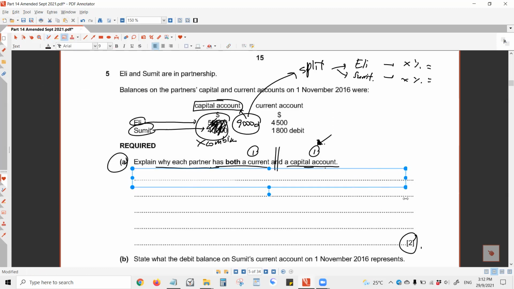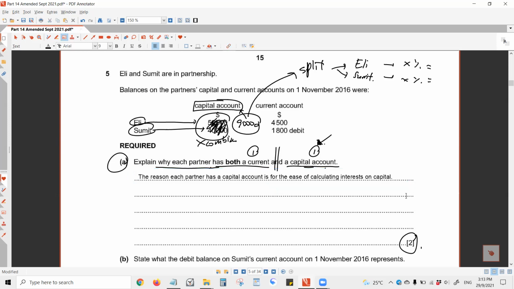So you write the reason is: the reason each partner has a capital account is for the ease of calculating interest on capital.